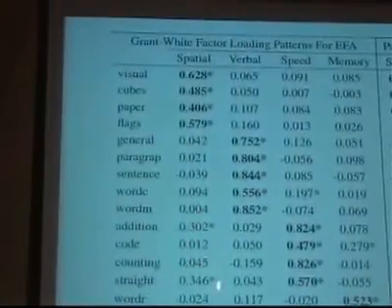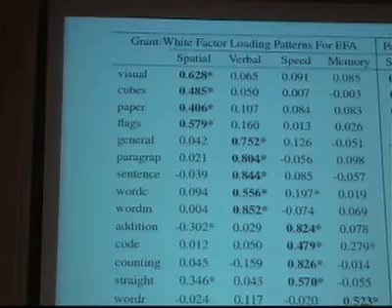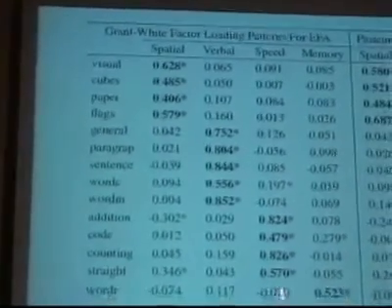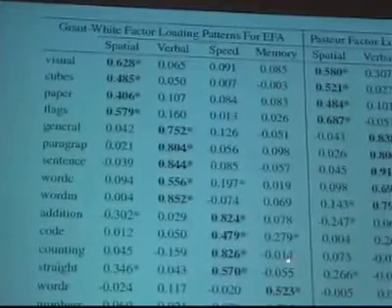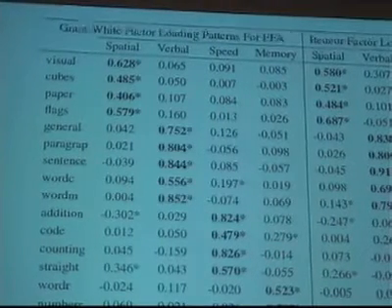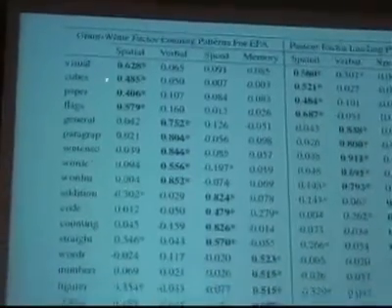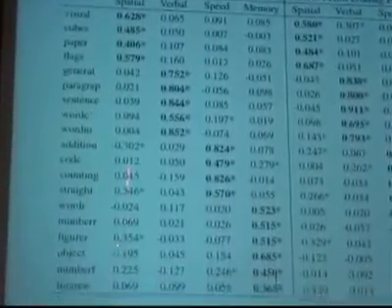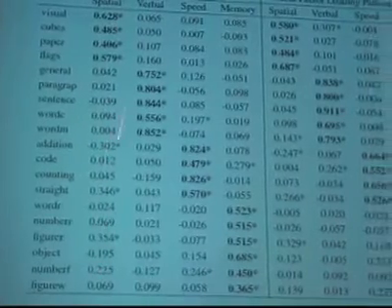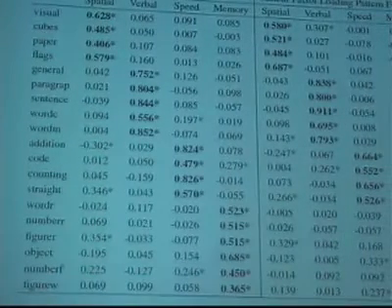How many significant cross-loadings do we have? 1, 2, 3, 4, 5, 6 cross-loadings here. And if you look at the right, I know the answer, it's 9. It's particularly the spatial factor where spatial ability seems to influence other items.